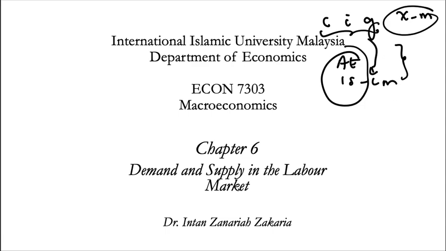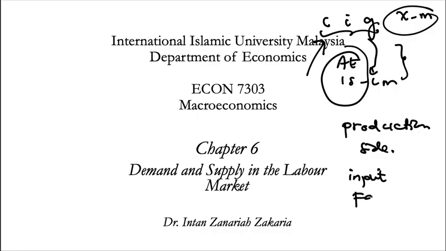But in order to meet the demand, we need to produce output. To produce output, we are talking about the production side. And in the production side, if we need to produce output, we need to have input, or what we call factors of production.